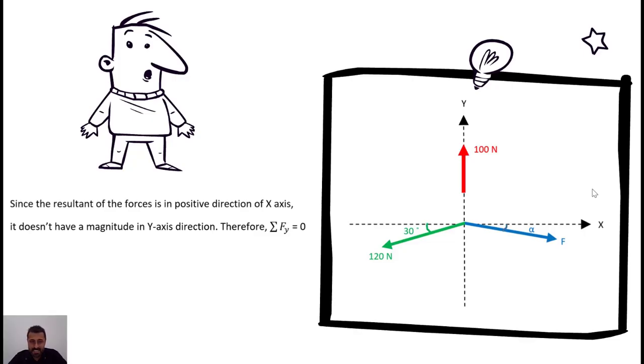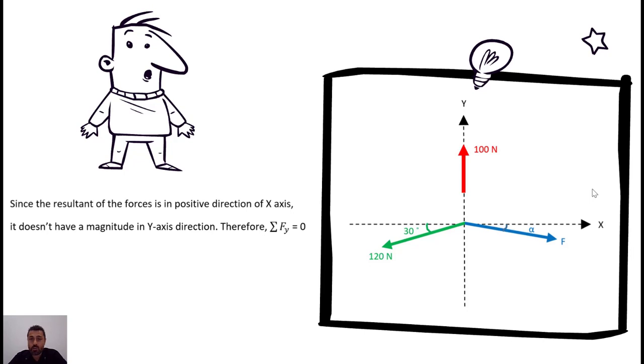The question is giving us the direction of the resultant, which is only in x direction. It means the resultant of this force system doesn't have any magnitude along y direction. So we can conclude that sigma Fy is 0.